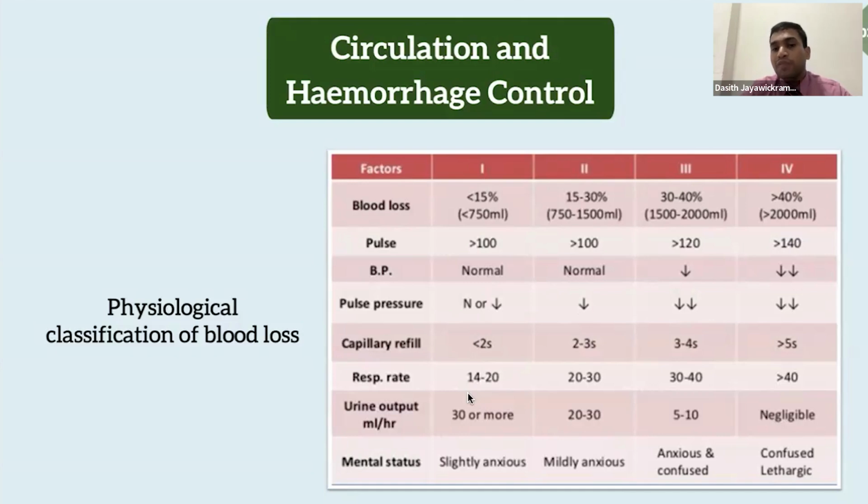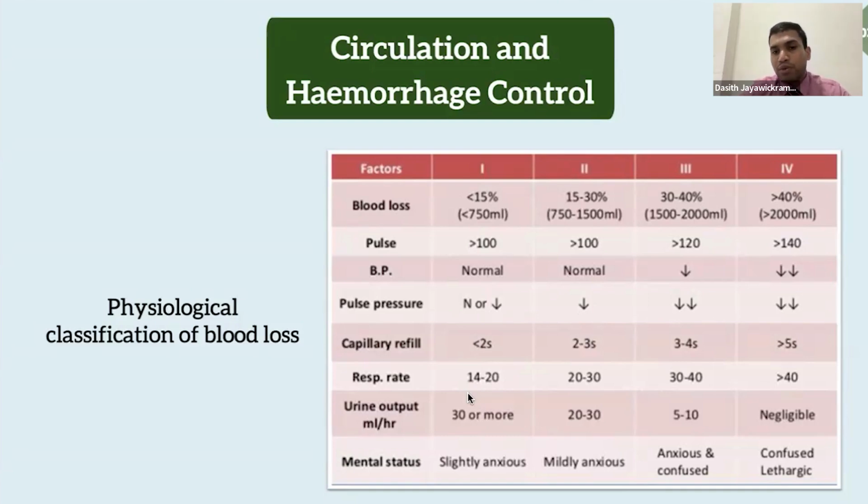In some people in class 1, they may have tachycardia, and the systolic blood pressure is completely normal. The pulse pressure, which is the difference between the systolic and diastolic blood pressure, is normal. Capillary refill time is normal, respiratory rate is normal, and urine output is maintained at a very good rate. For mental status, the patient will be anxious because of the pain, otherwise normal. No changes in mental status.